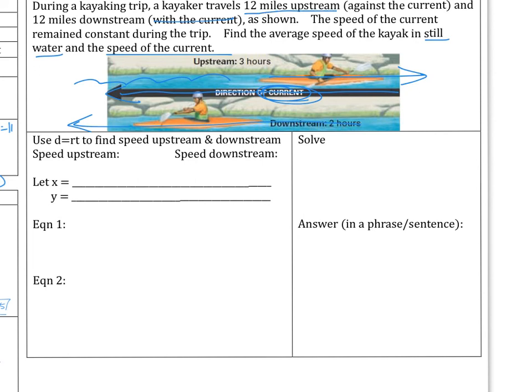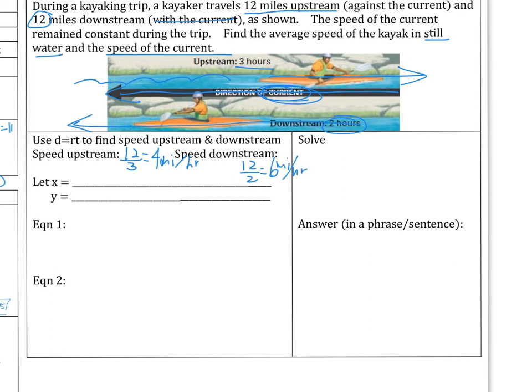You can do 12 divided by 3, because this kayaker travels 3 hours, to find the speed upstream to be 4 miles per hour. And for the speed downstream, it will be 12 divided by 2 hours, which is 6 miles per hour.